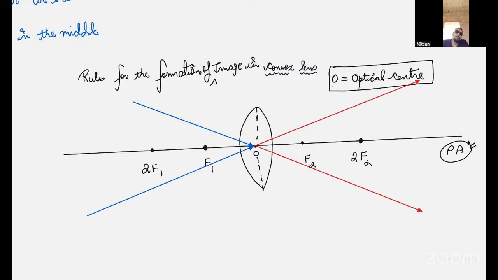So we have three rules. It's similar to the mirror: parallel, focus; focus, parallel; optical center, remain undeviated. Simple.